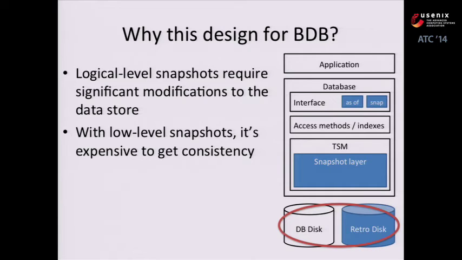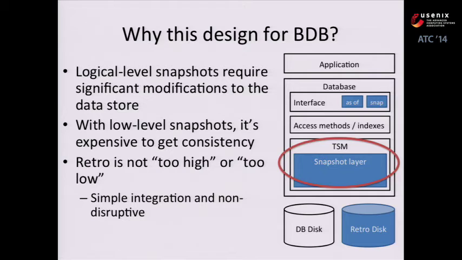With low-level snapshots, for example, below the level of the database, so I sort of circled the disks here, this may also be in the file system, so it's not just at the disk or controller level. But either way, it's below the level of the transactional storage manager, so it's expensive to get snapshots that obey transactional consistency. So it's sort of a Goldilocks argument that I'm presenting here.